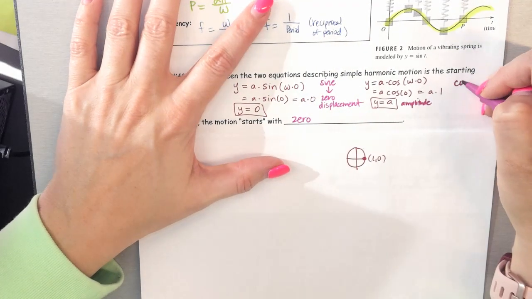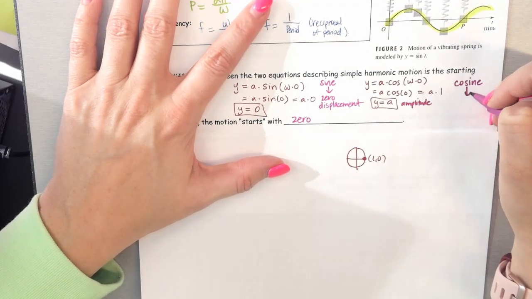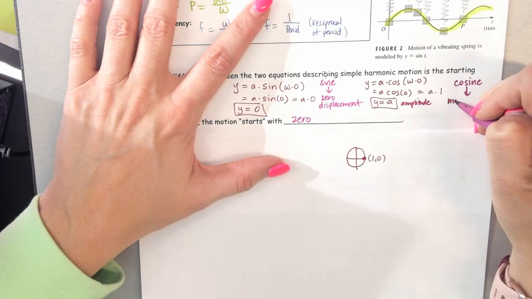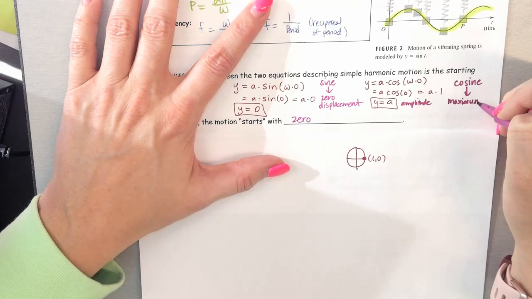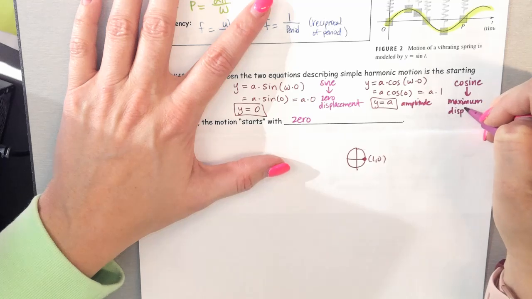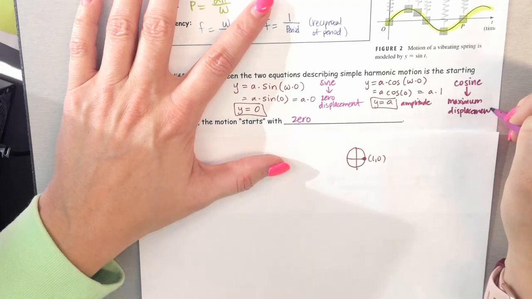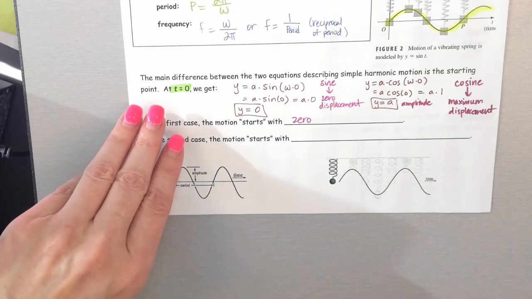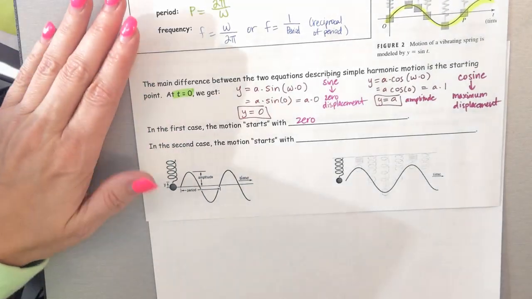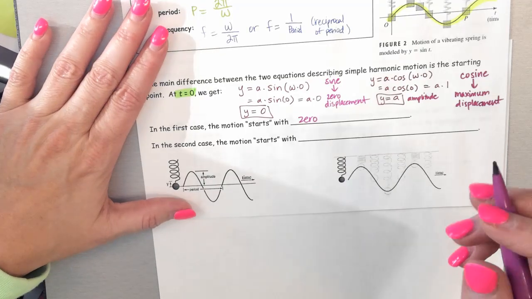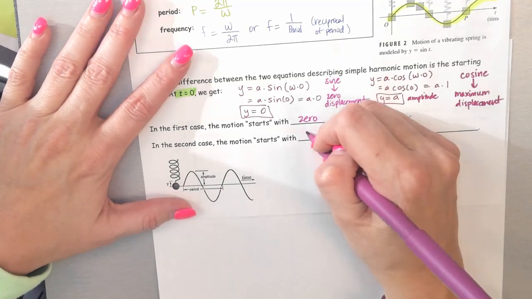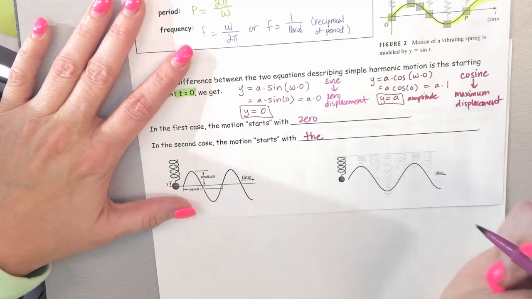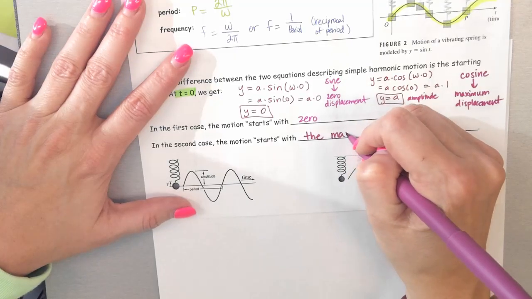So the cosine has what we call maximum displacement. And that just means you're going to be starting at the maximum when the value of time is 0. So in the second case, the motion starts with the maximum value.